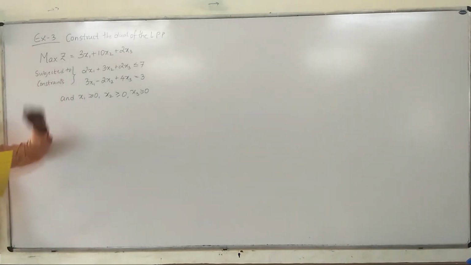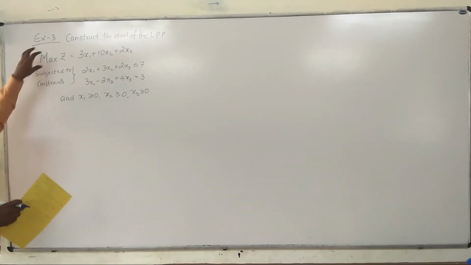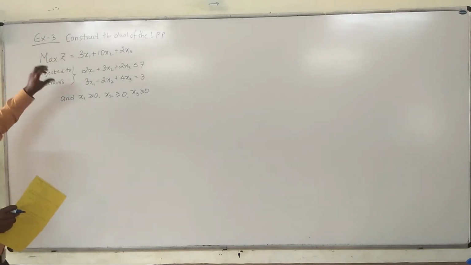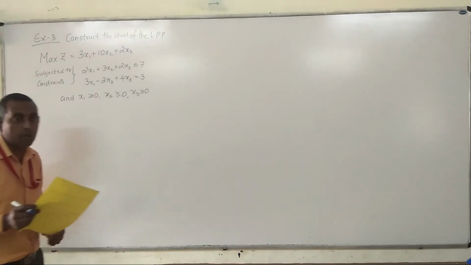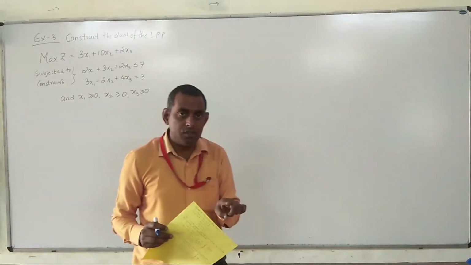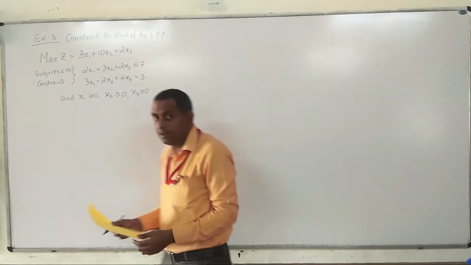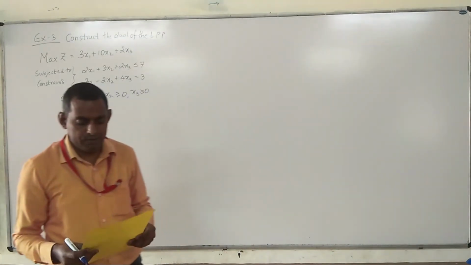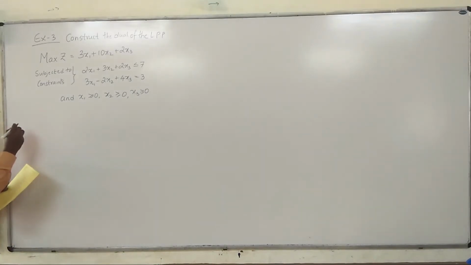The objective function is to be maximized, and if the objective function is to be maximized, the constraints have to be of less than or equal to type. But it is not so in this case. So what do we do here?